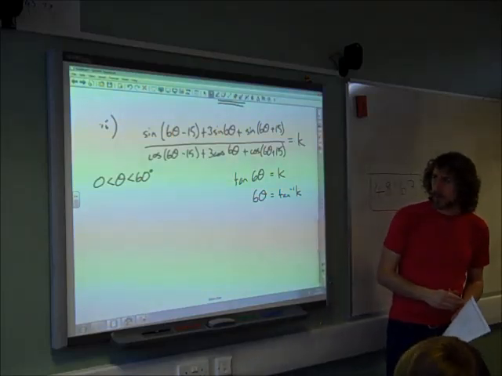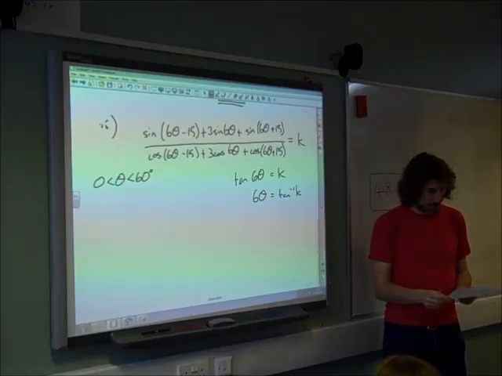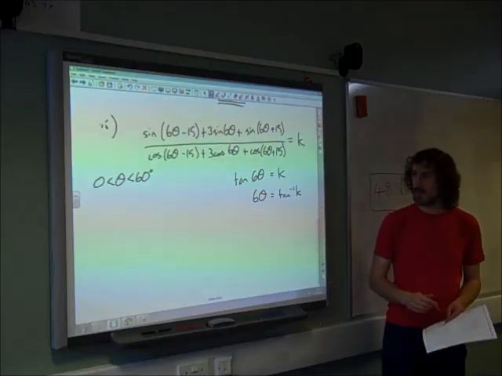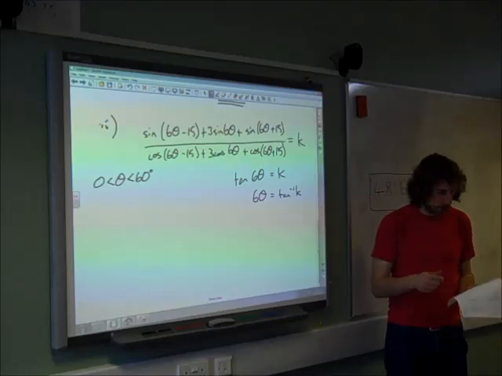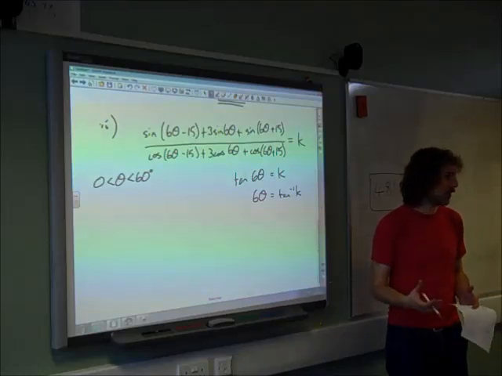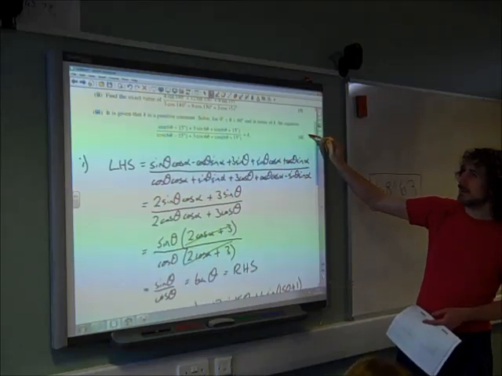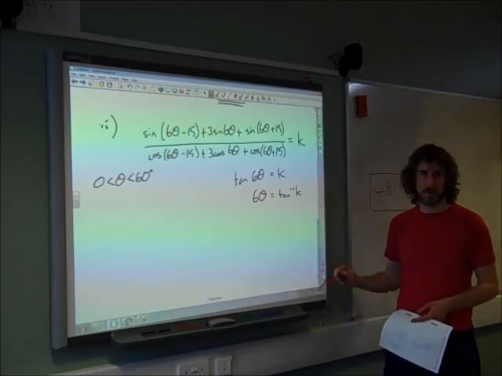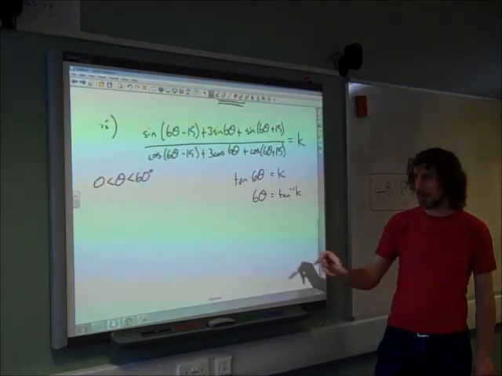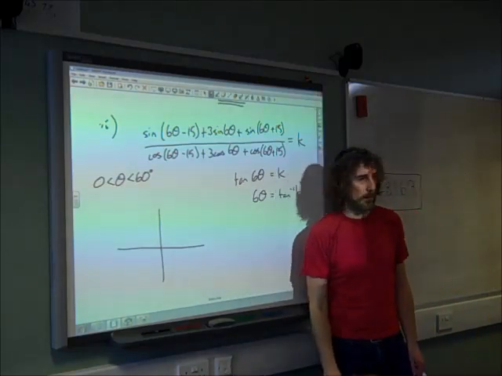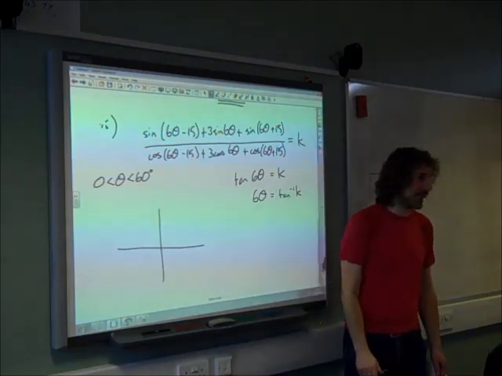Theta. We've got to find the values of theta that fit this between 0 and 60 degrees. If we think, what would our calculator say at this point? Well, what do we know about k? K is a positive constant. So knowing that, I am sorry, I know not all of you like the cast diagram, but I do.